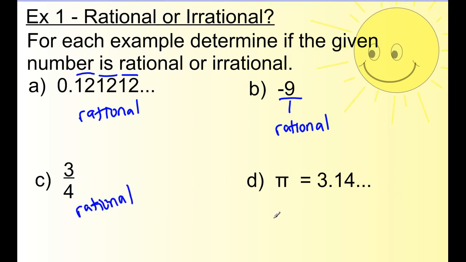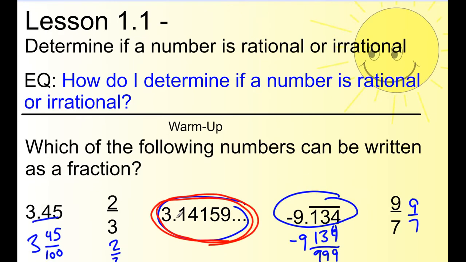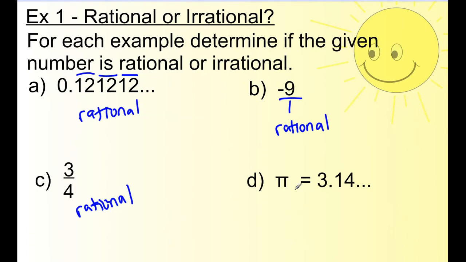And letter D. The number pi, which actually is what this is, 3.141592753. It goes on and on. Well, this pi, we can't write that as a fraction. That number is literally impossible.